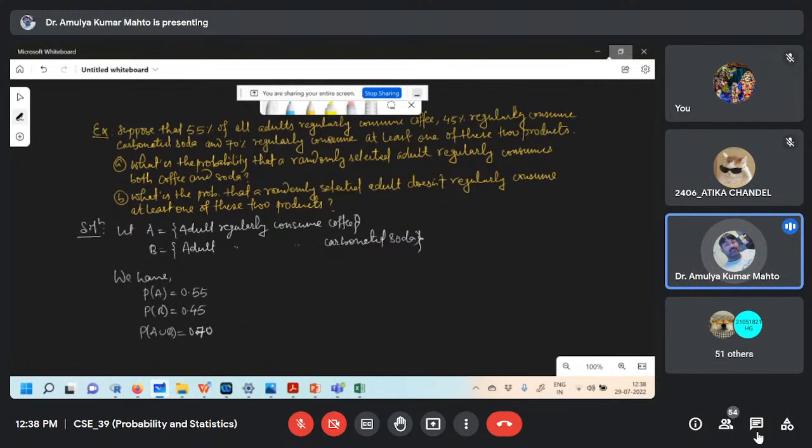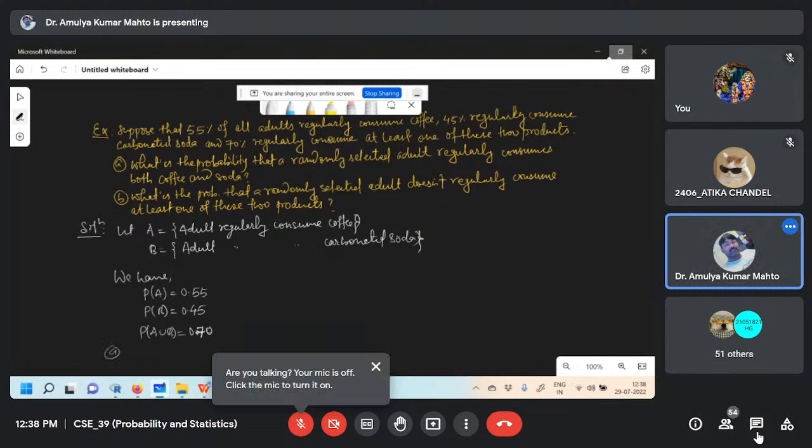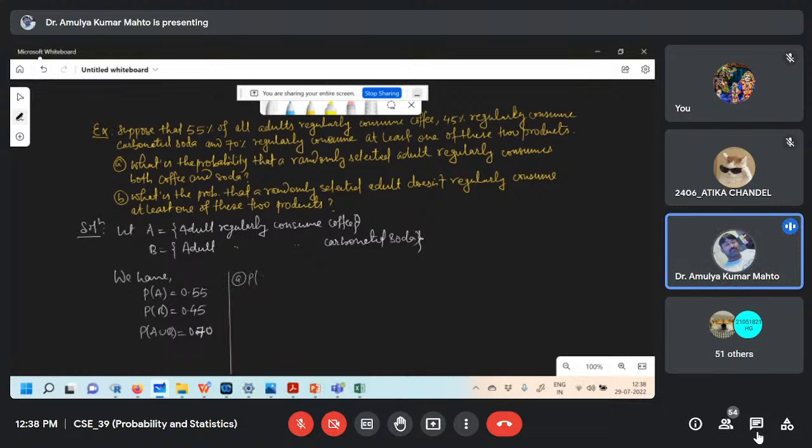Can you please find the first one? You know the formula. Probability of A union B equals probability of A plus probability of B minus probability of A intersection B. You can take this to the left side and this to the right side, because you need the probability that a randomly selected adult regularly consumes both.